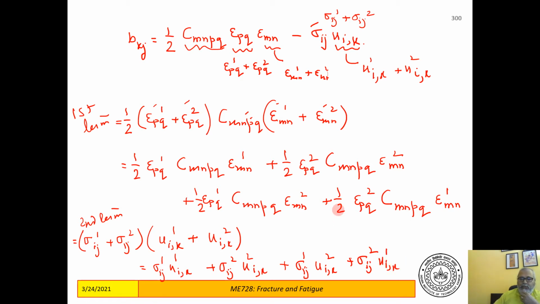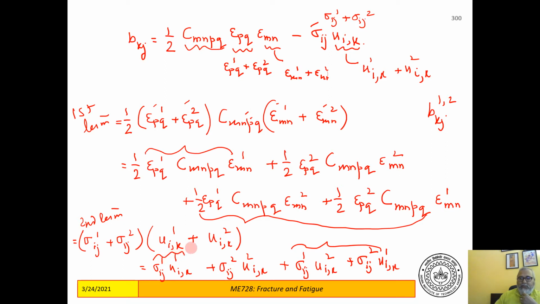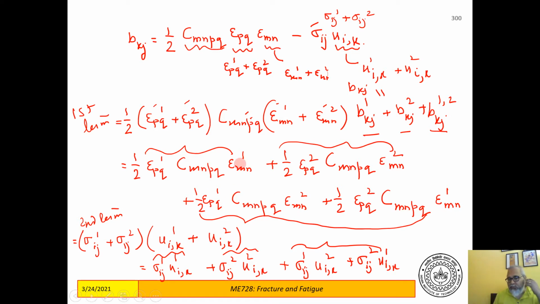So these are cross terms. These two terms and these two terms together will constitute what we call B_kj^(1,2). These are the interaction terms. This and this will together form B_kj^(1), and this and this together will form B_kj^(2). So B_kj in this case will consist of B_kj^(1), B_kj^(2) and B_kj^(1,2), according to this superposition principle.